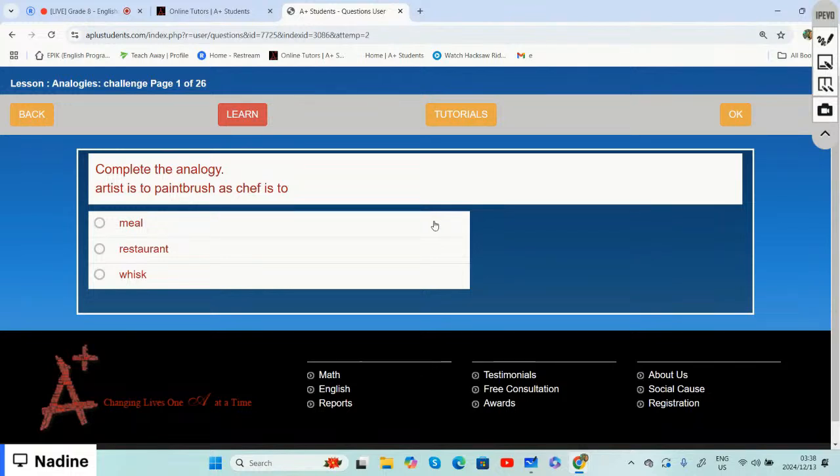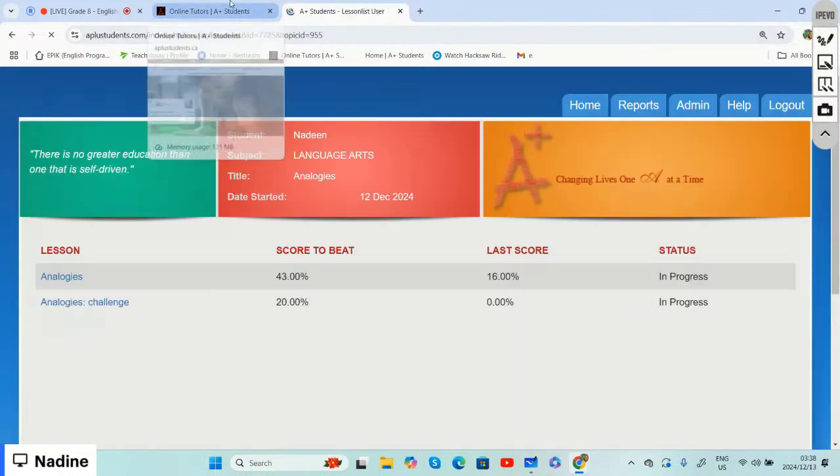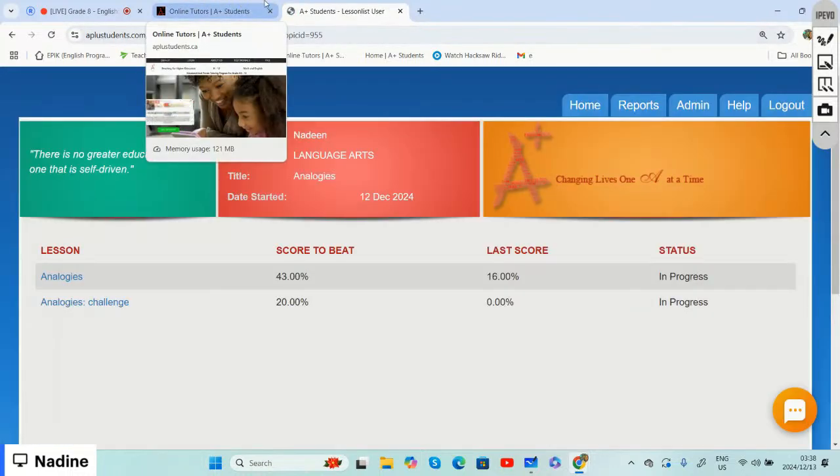All right. And we said artist is to paintbrush, meaning an artist needs paintbrushes. And a chef is to cook a meal. Oh, okay. Whisk, meaning it's an item they're making mention of. So it's not the cooking, they're making mention of the items that they require.